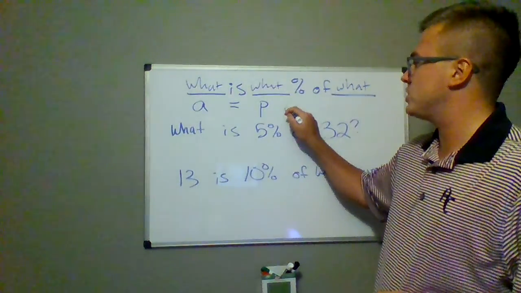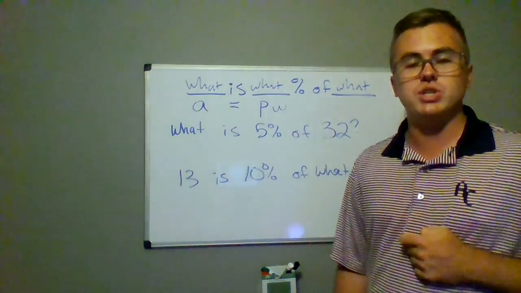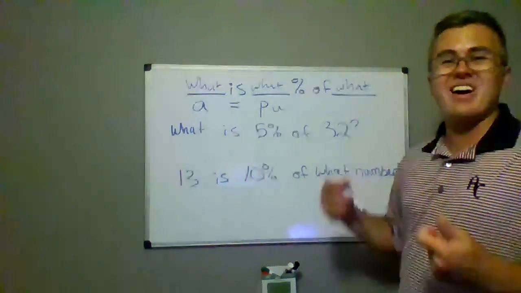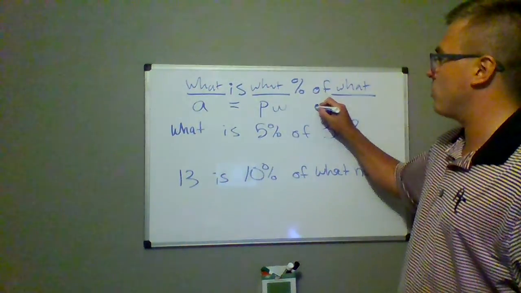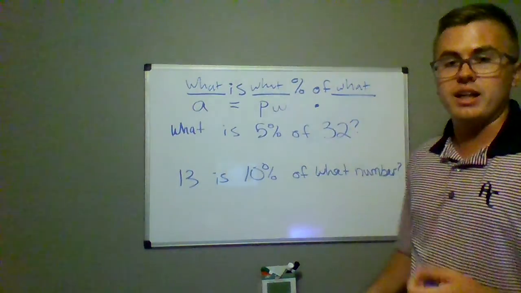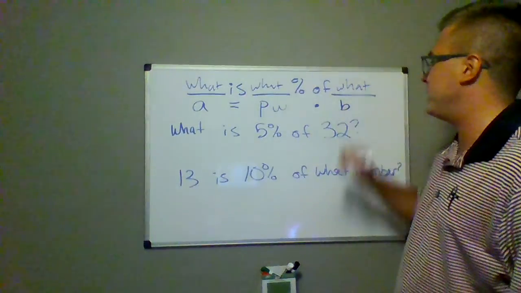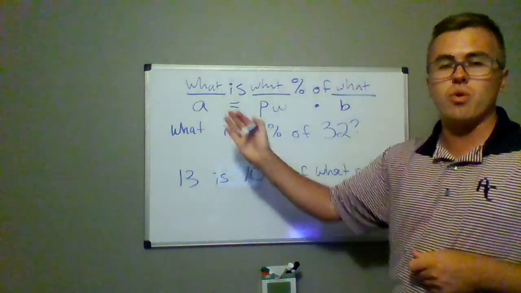I'm even going to show that here with a little loop to show that we move it 2 spots to the left. Of, when you see "of" in math, you should think multiply. So A equals P times, and then you'll either get a number there or a what. We'll call it B. This is the general form that they're going to take.